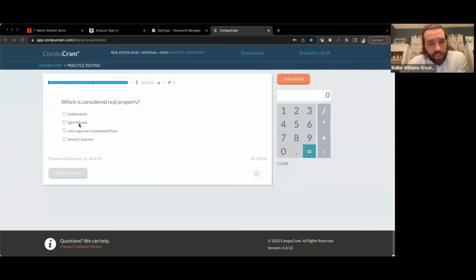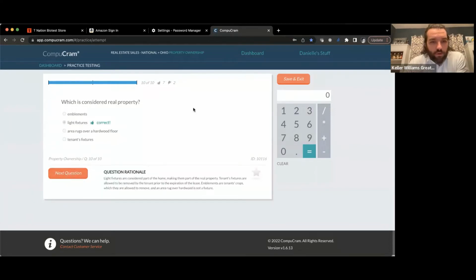We got 3 B's, a D, and an A. We'll go with B, as that's our majority. And that's correct. Light fixtures are considered a part of the home, making them real property. Tenant fixtures, that qualifier is going to be a real priority there because you can suppose that they were not there prior to the tenant leasing the property.